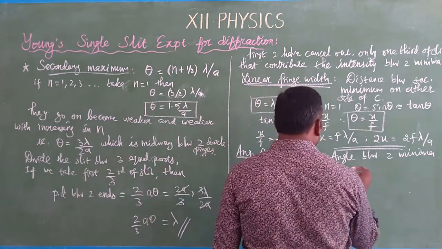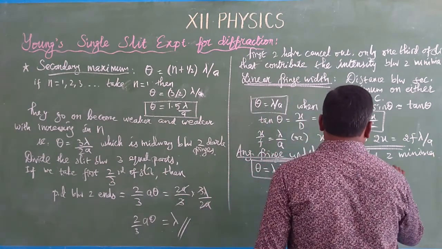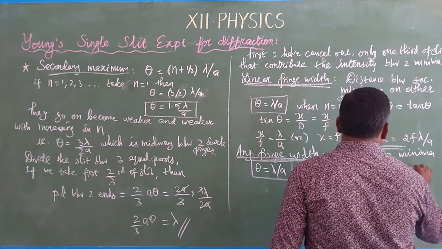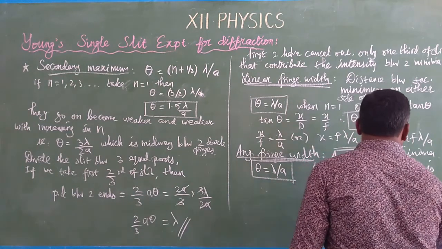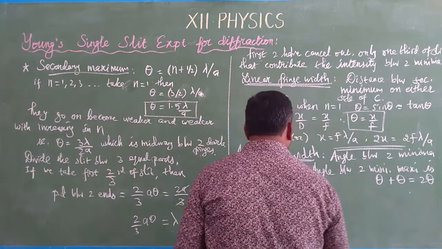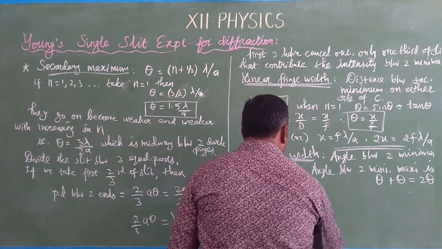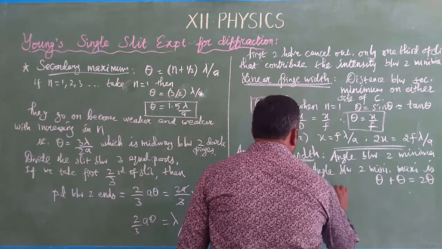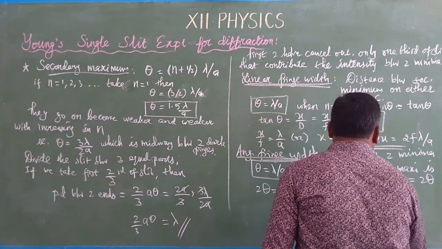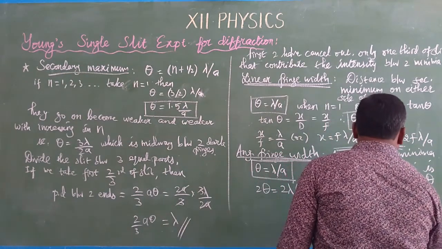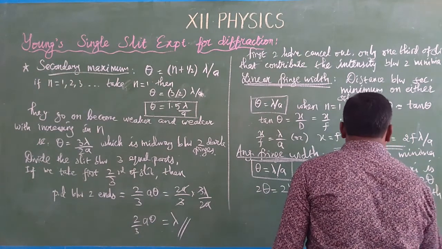The angle between the two minima is one angle theta on one side and another angle theta on the other, which is equal to 2 theta. So 2 theta is equal to 2 lambda by a. In this, lambda by a is called half the fringe width.